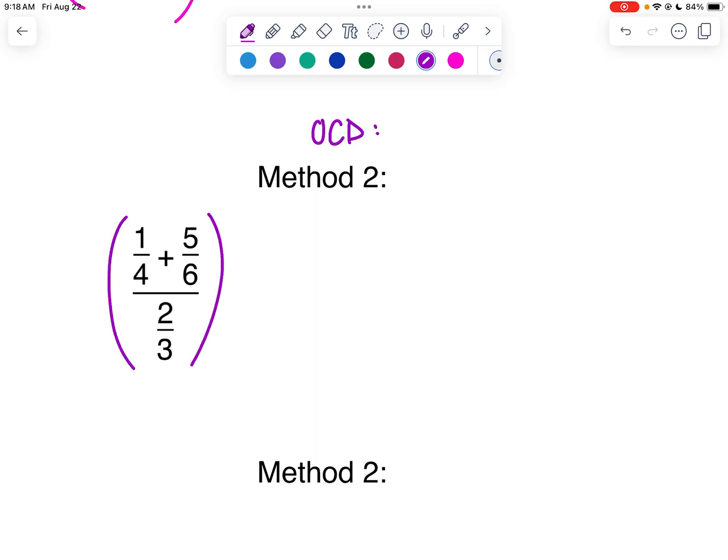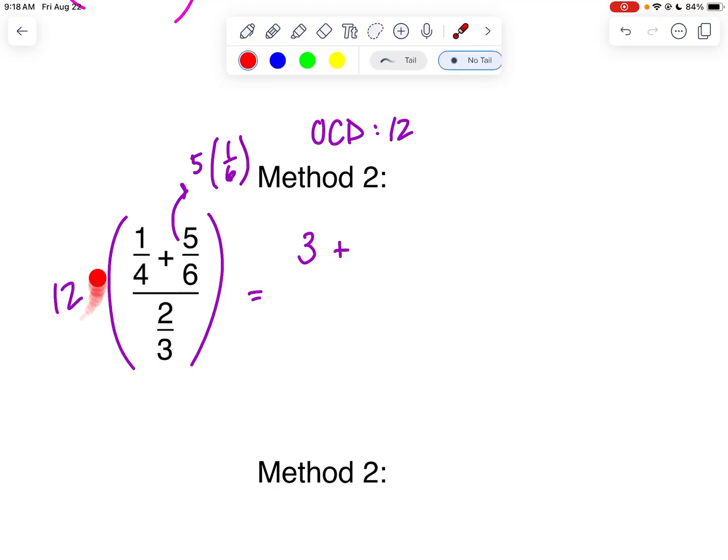Overall common denominator, it looks like, is 12. So I'm going to multiply everything by 12. 12 divided by 4 is 3. I'm going to think of this guy as 5 times 1 over 6. So I'm going to first simplify 12 divided by 6.